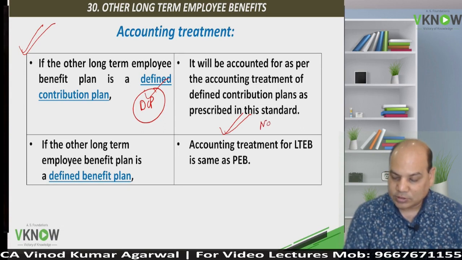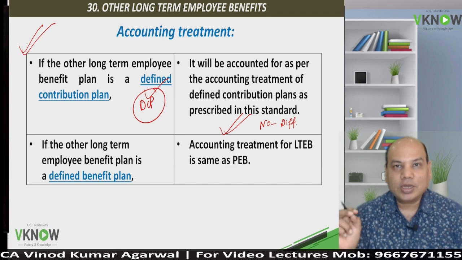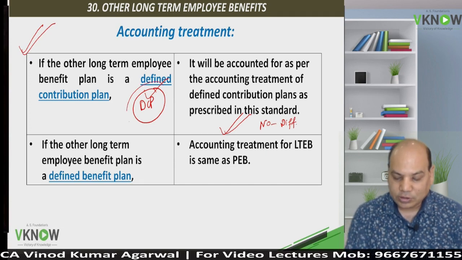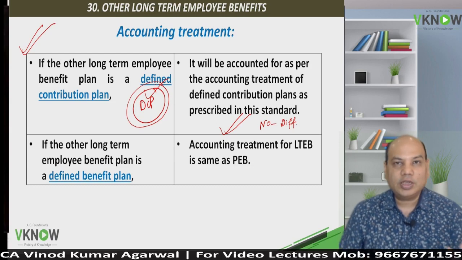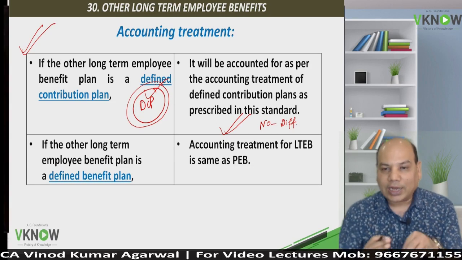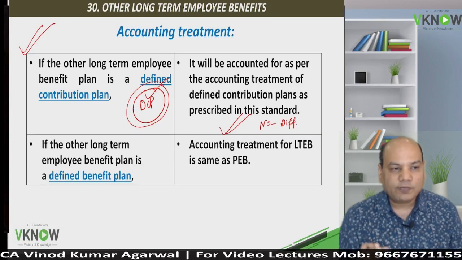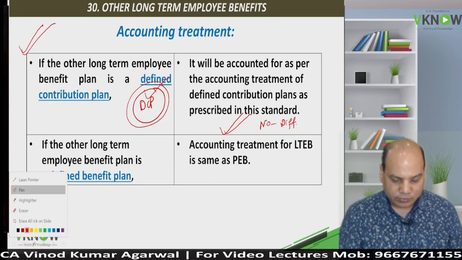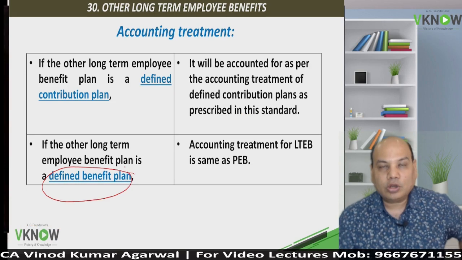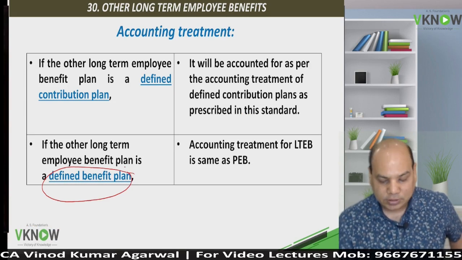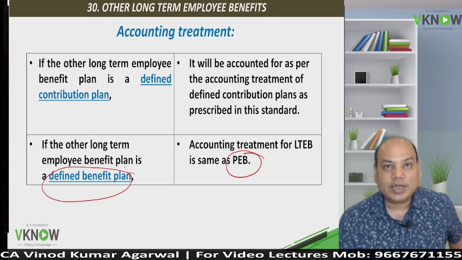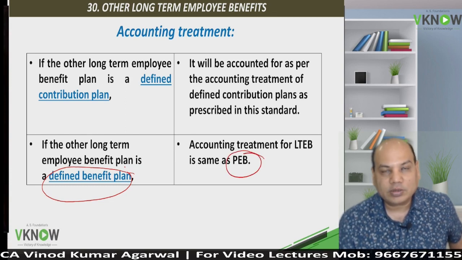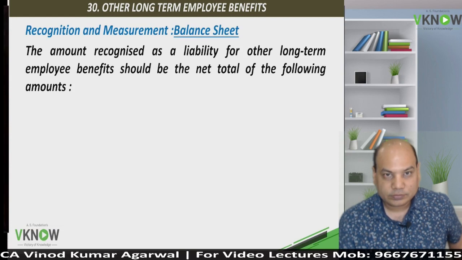No difference. Whatever we have done till now applies for a defined contribution plan, which is a long-term employee benefit plan. Here the benefits are payable after 12 months but before retirement. And one more good news, if the long-term employee benefit plan is a defined benefit plan, it will be treated like post-employment benefit plan. So there is no major difference.